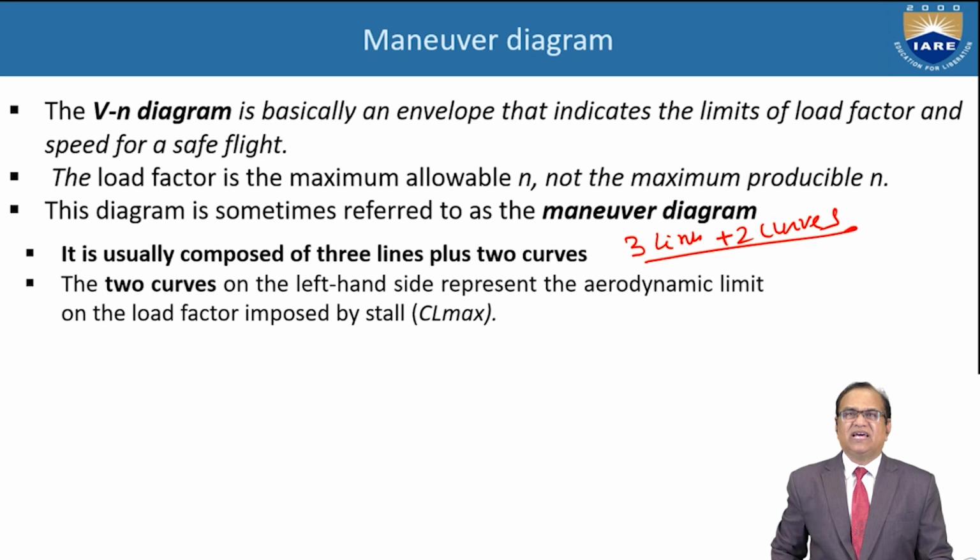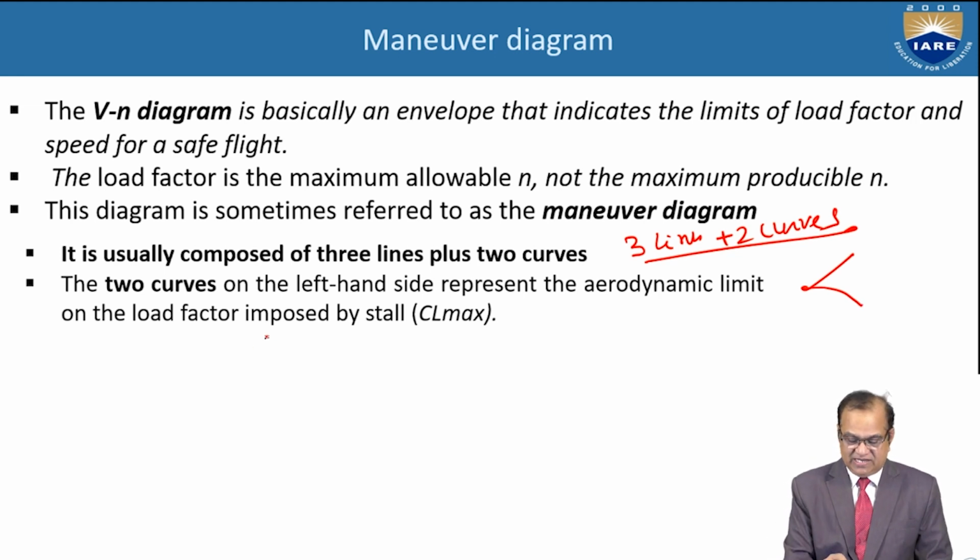The 2 curves on the left-hand side represent the aerodynamic limit on the load factor imposed by the stall. So the left side 2 curves are like this and like this. These curves depend upon the aerodynamic forces and are imposed by the stall of the aircraft.